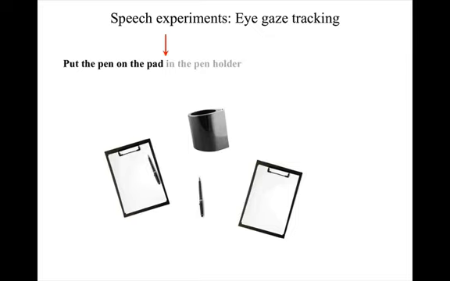But if eye gaze is being monitored, when the sentence gets to the end of the word pad, eye gaze goes to the right-hand pen and the empty pad. In other words, the brain is initially generating a concept based on those first few words, which with the additional words is replaced by a different concept.